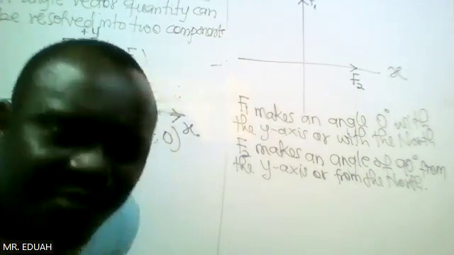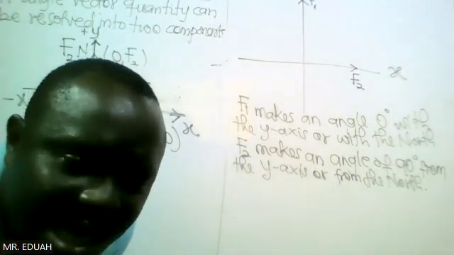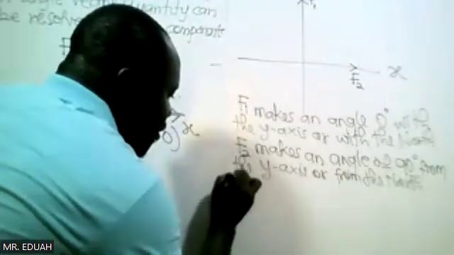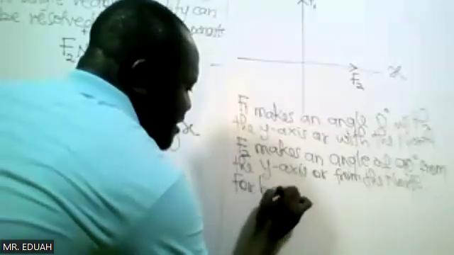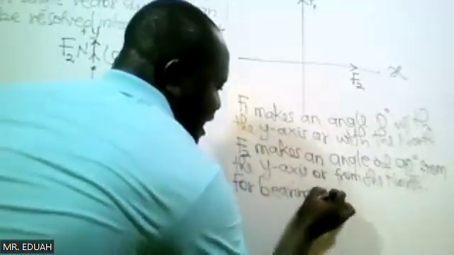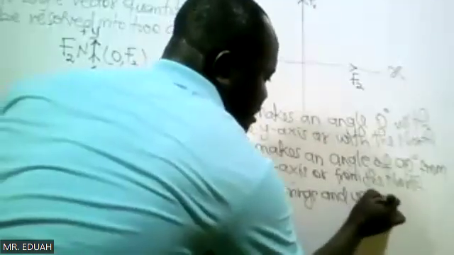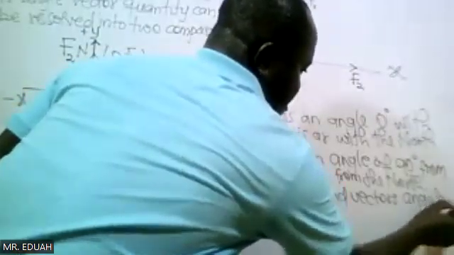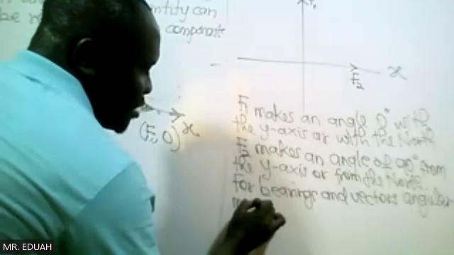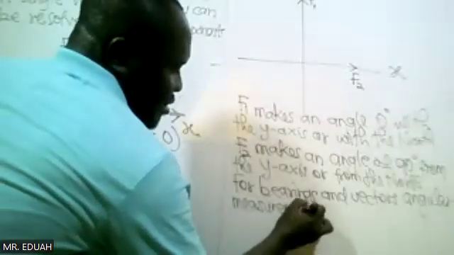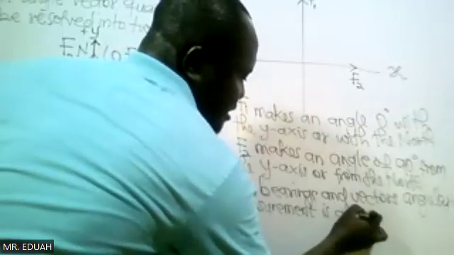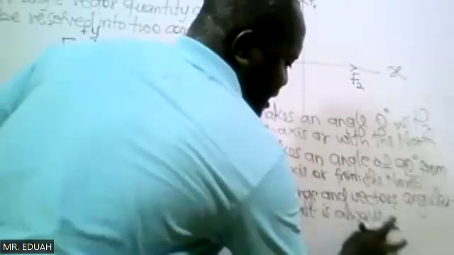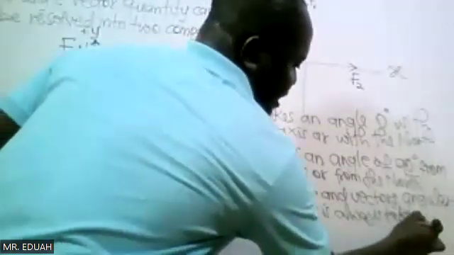For bearings and vectors, the angular measurement is always taken from the north.